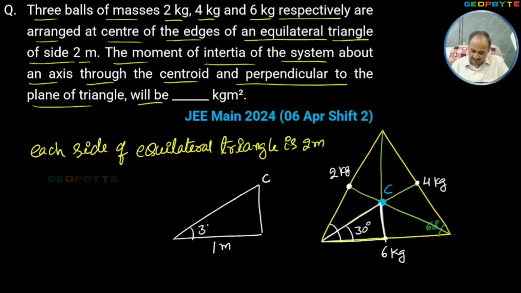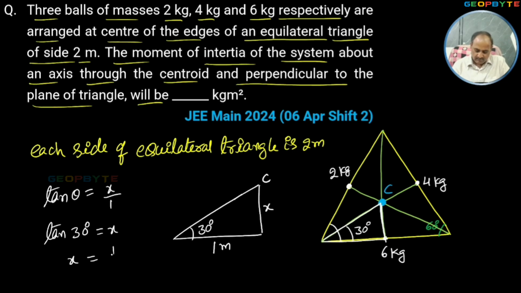This angle equals 30 degrees. This is x. Then what is tan theta? Tan theta equals x by 1. Here theta is 30 degrees. Tan 30 degrees equals x. x equals 1 by root 3.